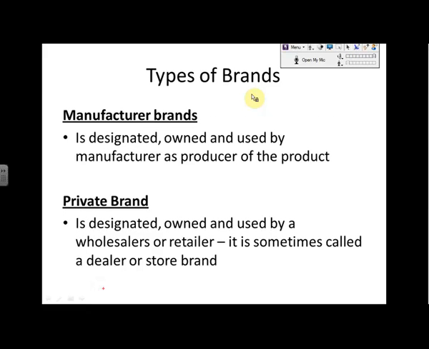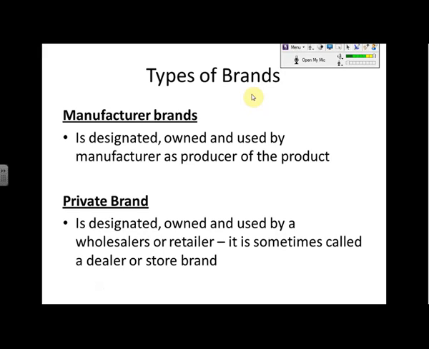Types of brands. Manufacturer brands. These are designated, owned, and used by manufacturer as producer of the product, right? So manufacturer brands are used by the what? By the manufacturer, okay? And then there are also what are known as what? Private brands.